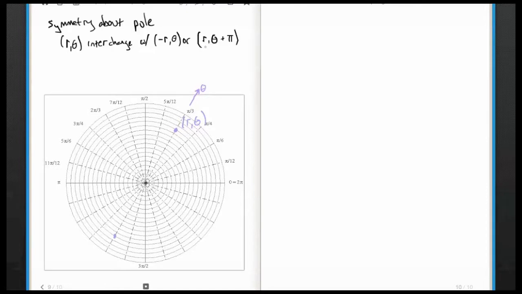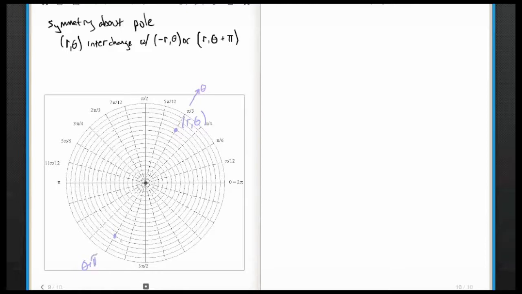Likewise, r and theta plus pi. So what does that mean? Same r, but theta plus pi. So that means if I go to, here's theta, and then plus pi down here, so this is theta plus pi. Right, and then sure enough, there's r.